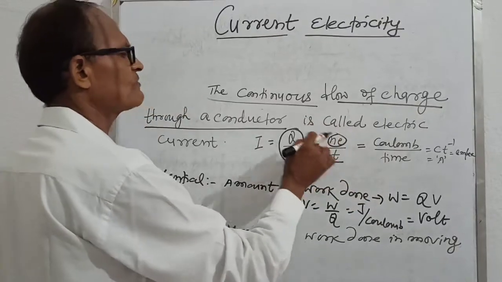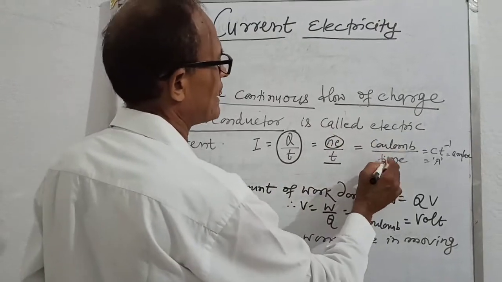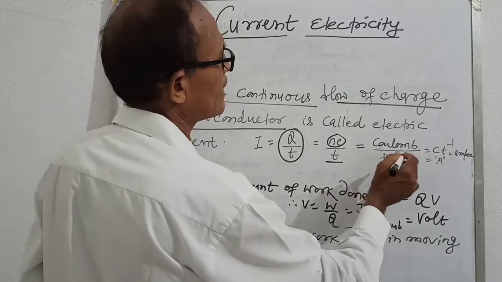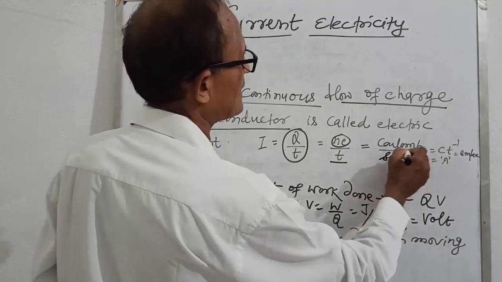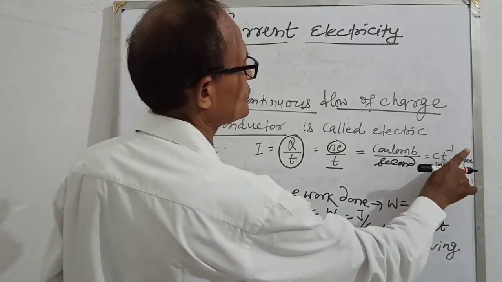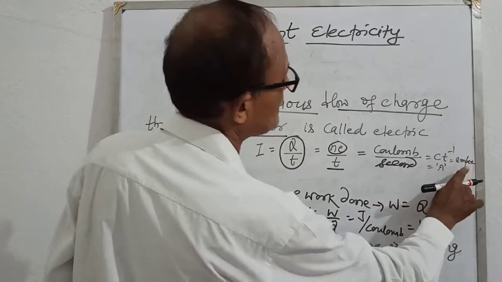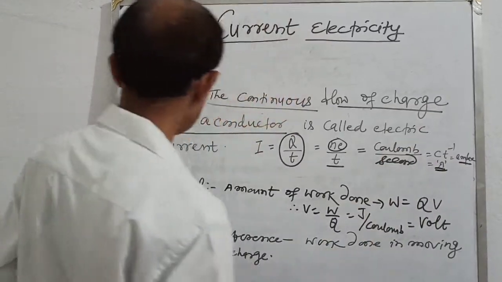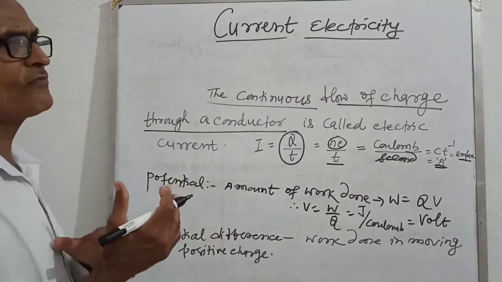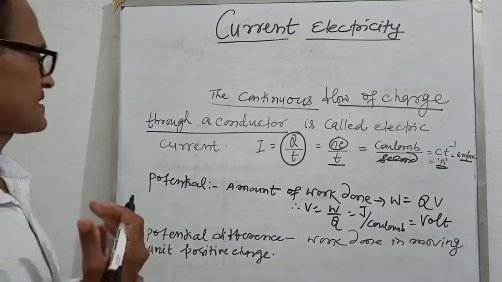The unit of charge is coulomb and of time is second. So coulomb by second, or C s^-1, is called ampere, symbolized as capital A. So that is the flow of current in a conductor.